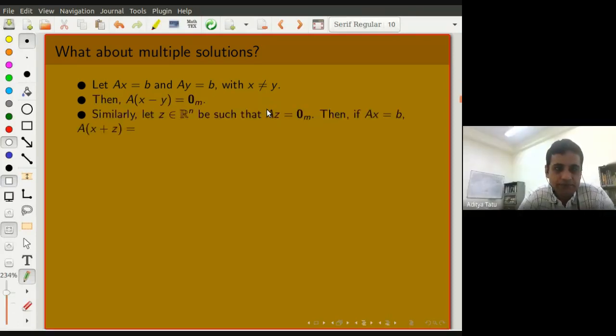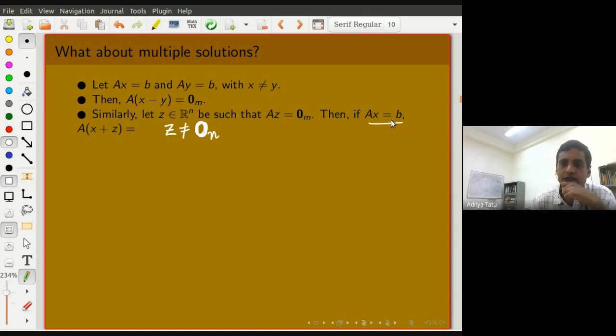Similarly, if there is a vector z, which let us assume is not the 0 vector, then Az of course is the 0 vector in Rm.